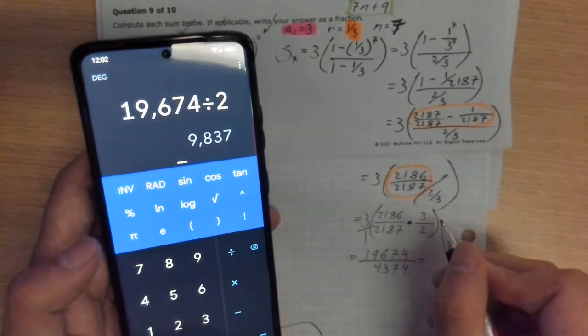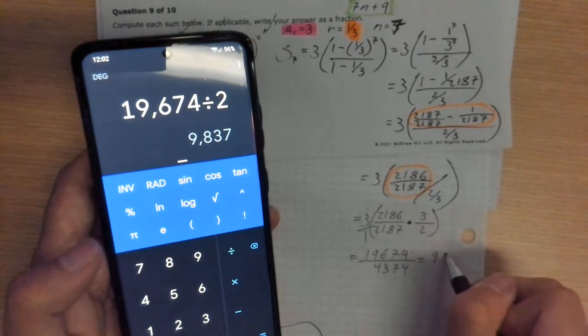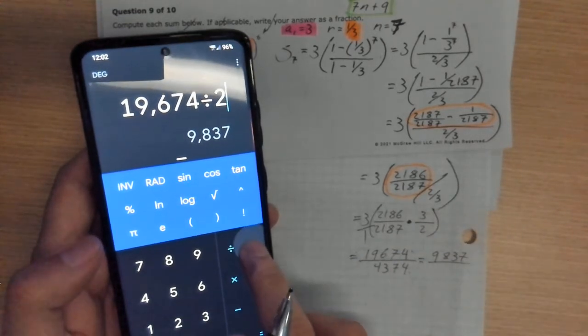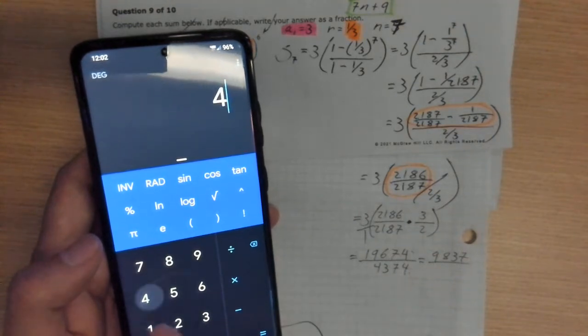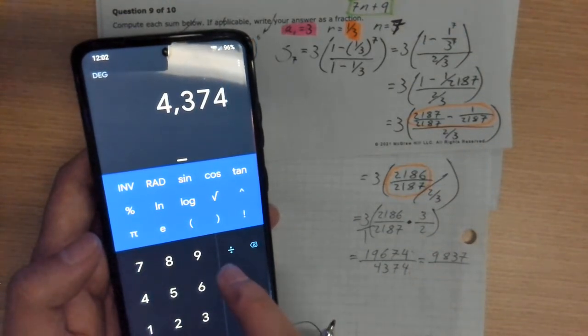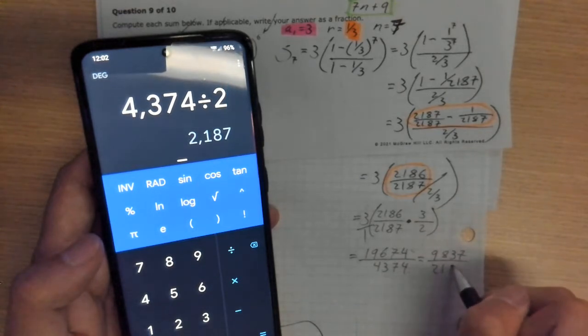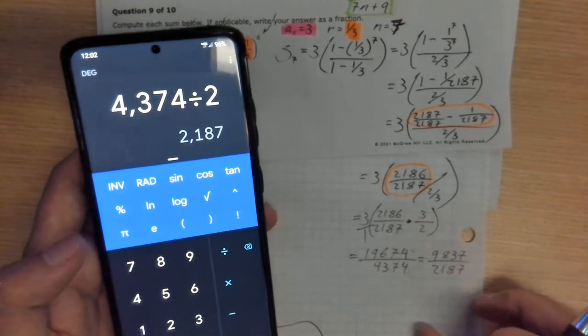That gives me 9,837. And I'm going to do the same thing for the bottom. I'm going to cut it in half. That divided by 2 gives me 2,187. Is that what you guys get on the back?